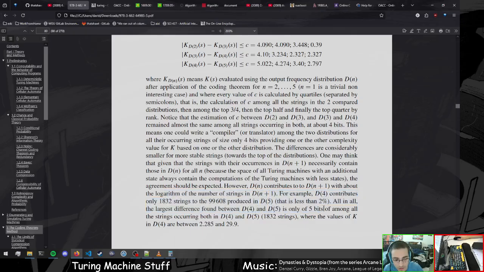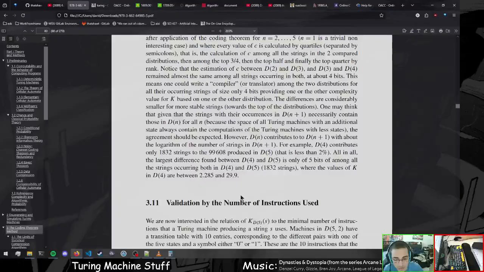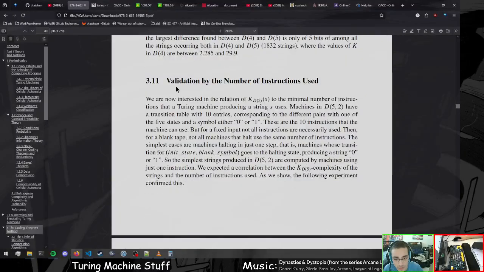Five bits is the greatest difference. What the? Okay. So what is this? These are 10 entries, but for a fixed input, I don't even know about that.